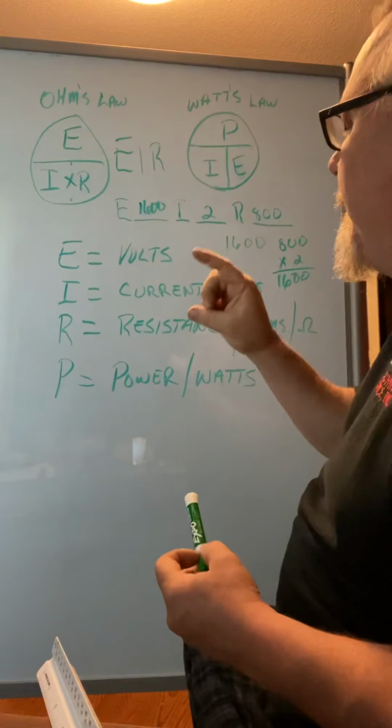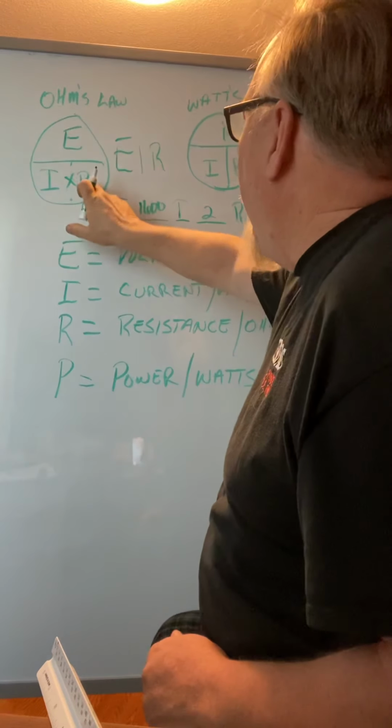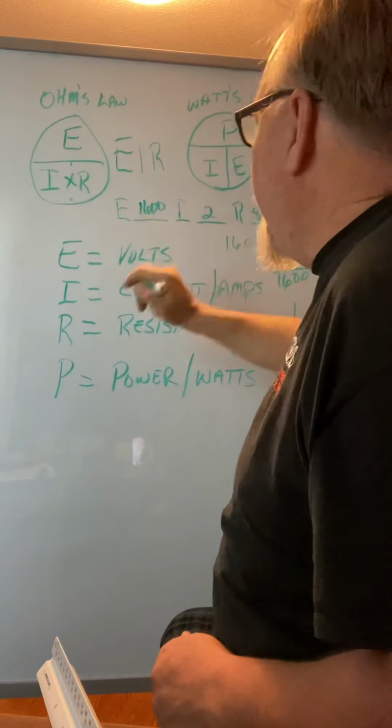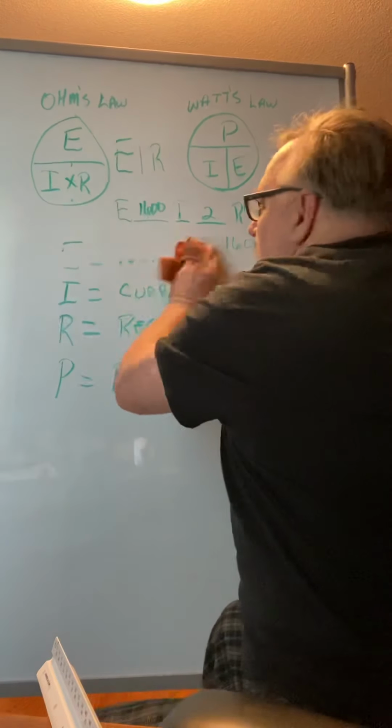And the way you can confirm this is you can sit here, remember, E divided by R is going to equal our current. So if we take 1600, clear this off.